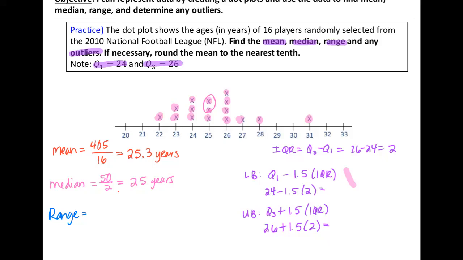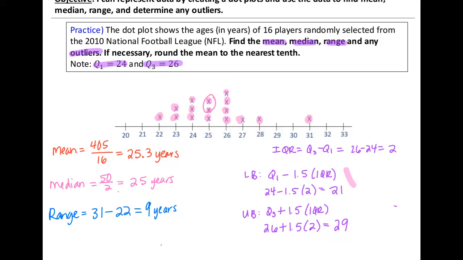For my range, what's the maximum minus the minimum? 31 minus 22. So what does that give you? 9 years. What did you guys get for your lower bound? 21. And the upper bound is 29.